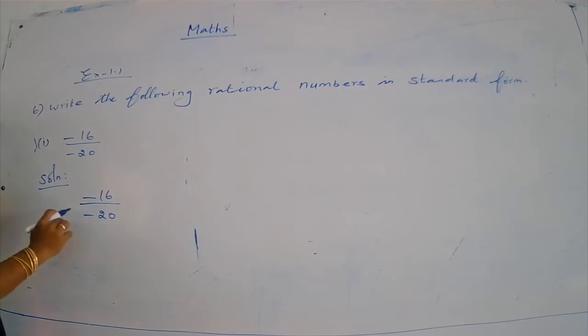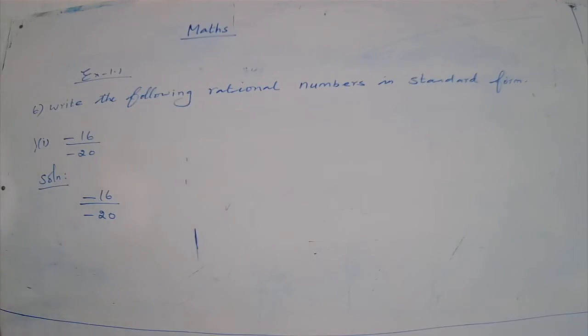Now you are going to write it in standard form. In the standard form of a rational number, the first point is that the rational number is expressed in its lowest terms. Lowest terms means numerator and denominator have no common factors.